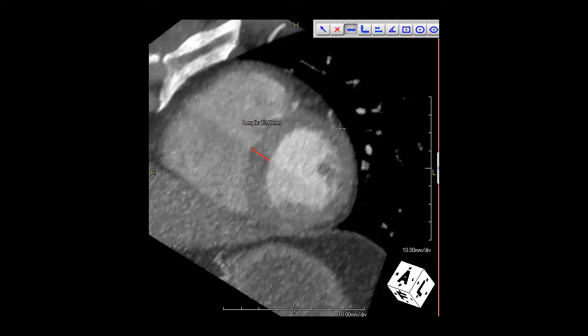If you check at the same level in the anterior wall, 8 millimeters. In the lateral wall, 8 to 9 millimeters. So there appears to be some mild to moderate left ventricular hypertrophy present specifically in the septum.